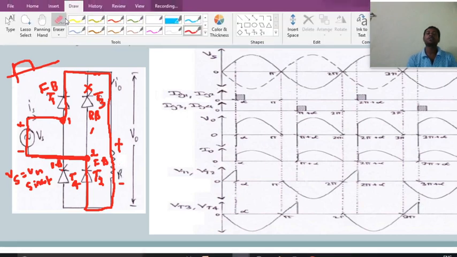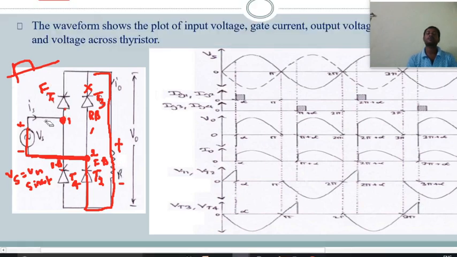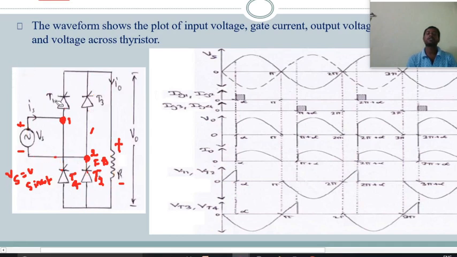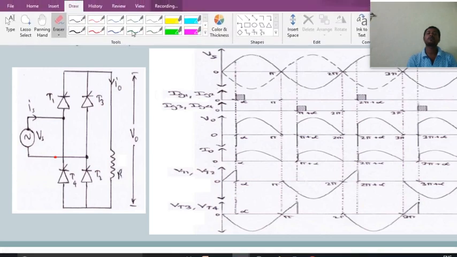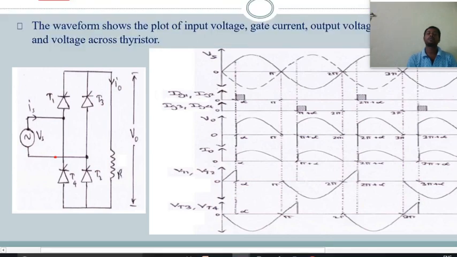And for the negative half cycle, let's check. For the negative half cycle, the supply becomes negative at the upper terminal and the lower one becomes positive.